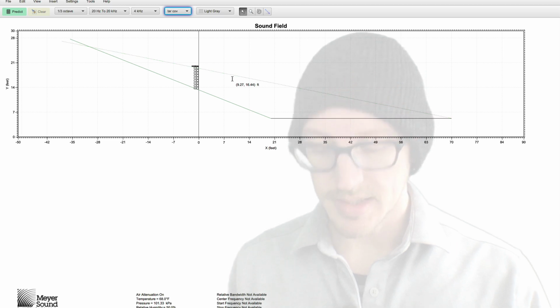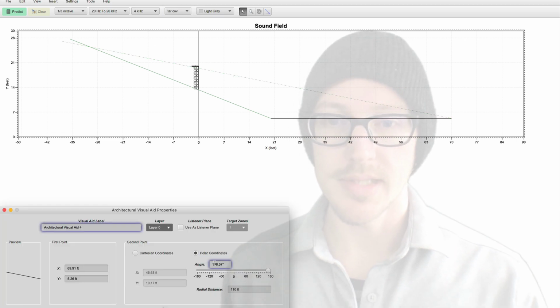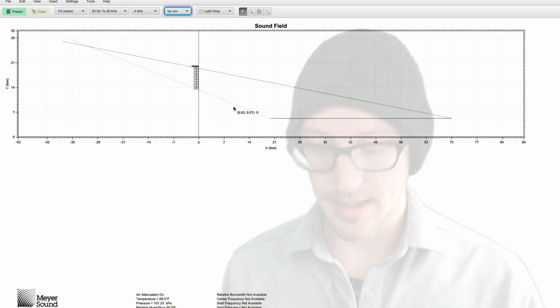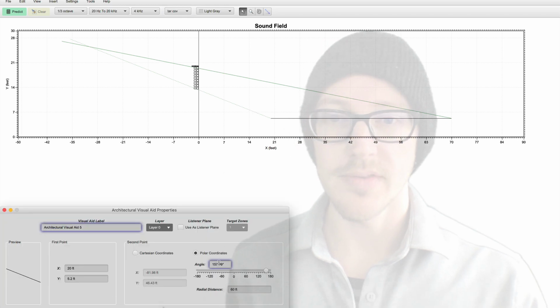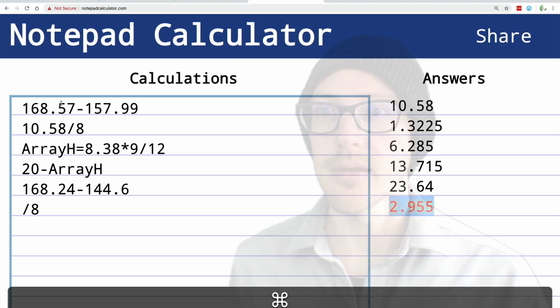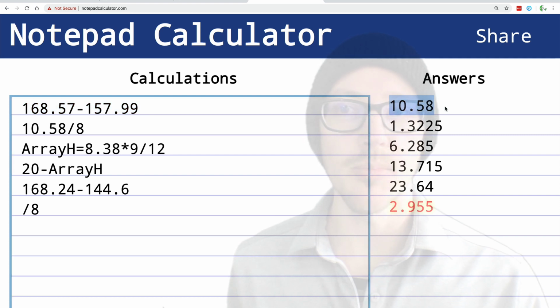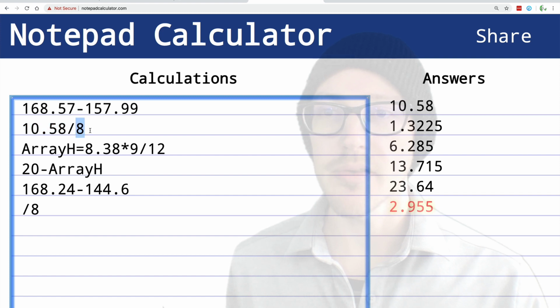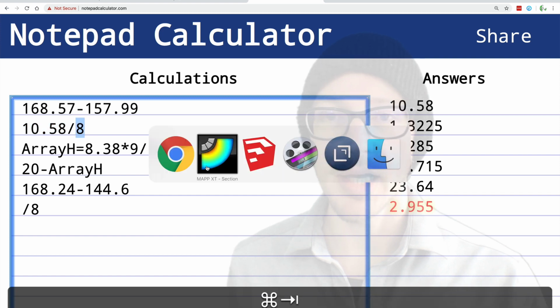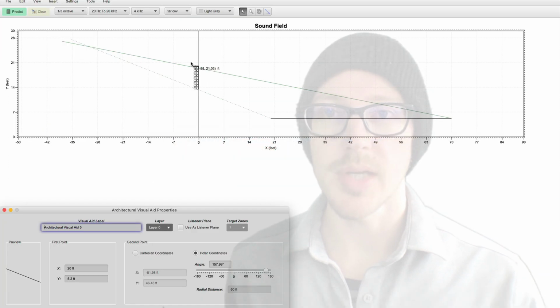So now if we take a look at this line at 168.57 and this line at 157.99, which I already have here, we can see that the target coverage angle is actually 10.58. And now we divide 10.58 by the number of splay angles. How do I know how many splay angles we have?